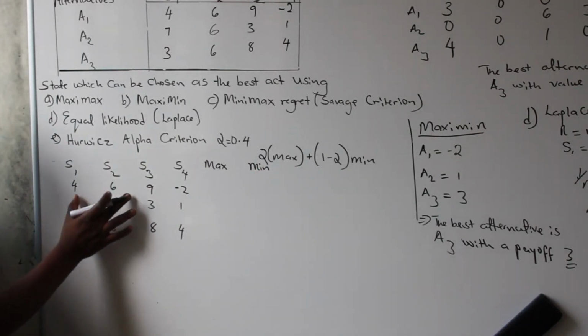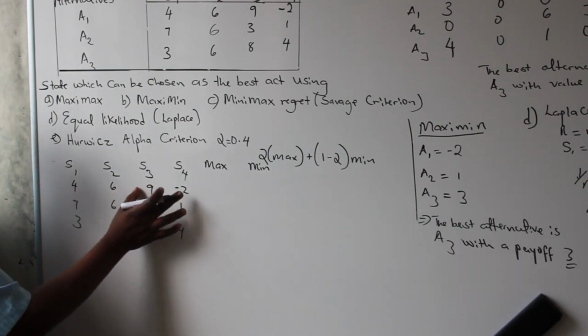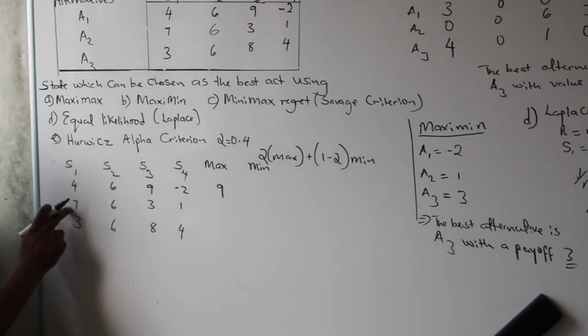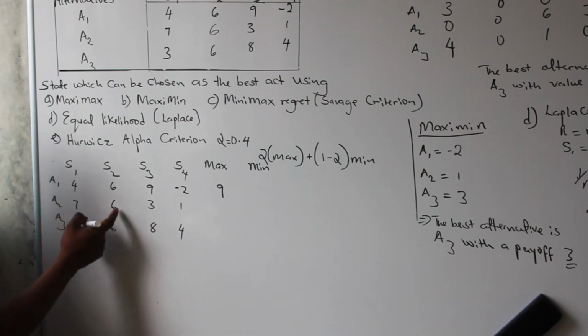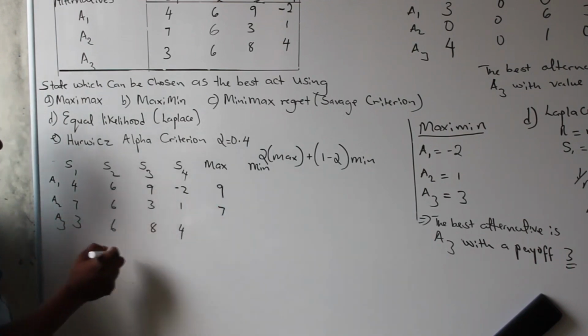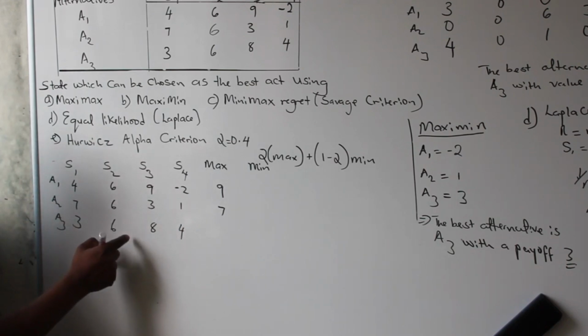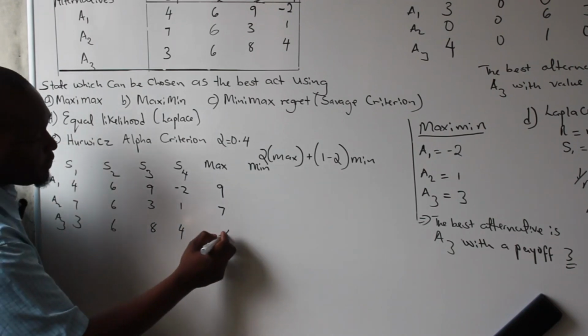You look for the maximum value and minimum value on each row. Now when you look here, the maximum value for A1, let me put here A1, A2, and A3, it will be 9. Under A2, the maximum value is 7, and A3, the maximum value on this row is 8.